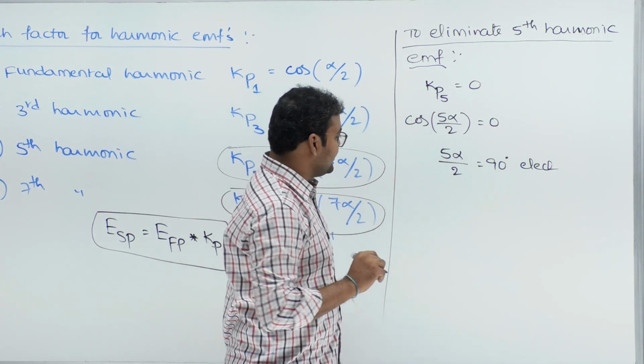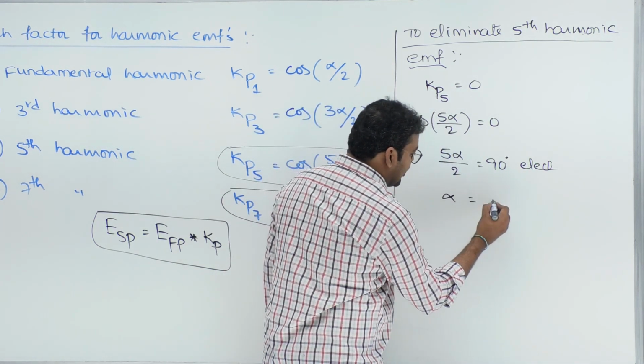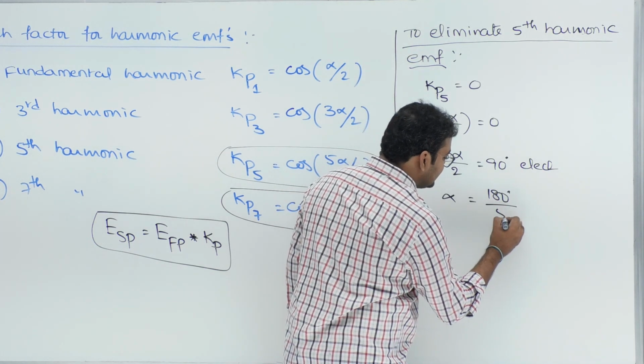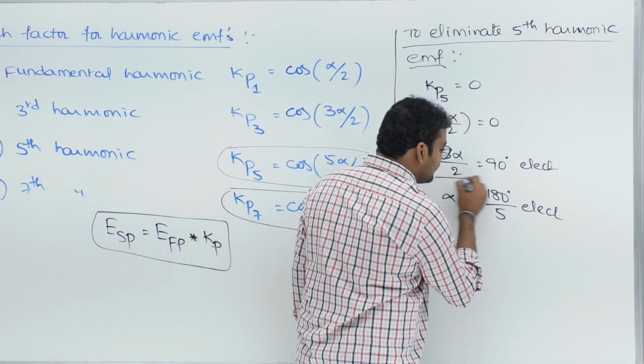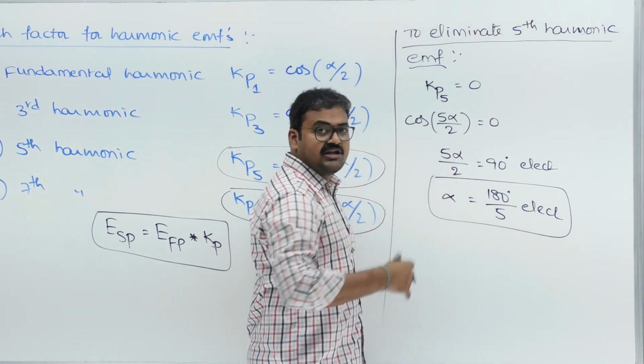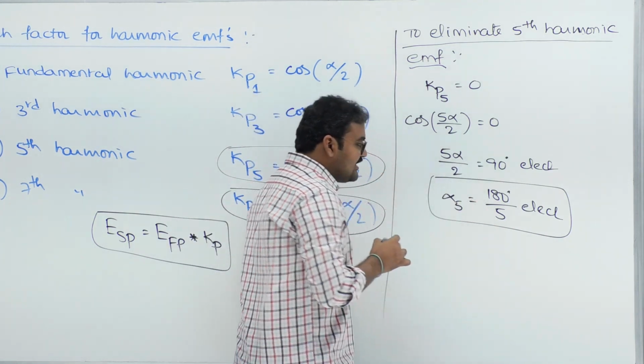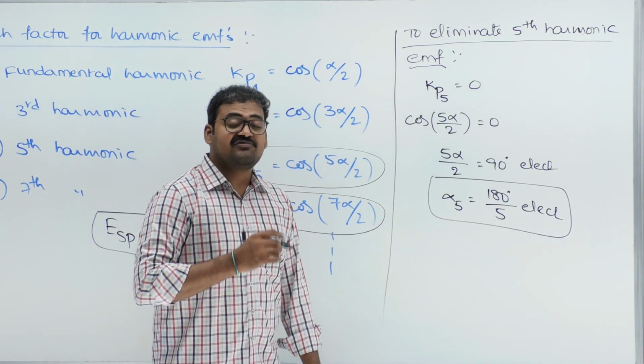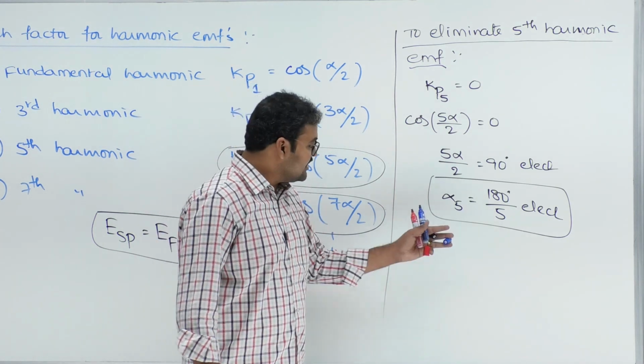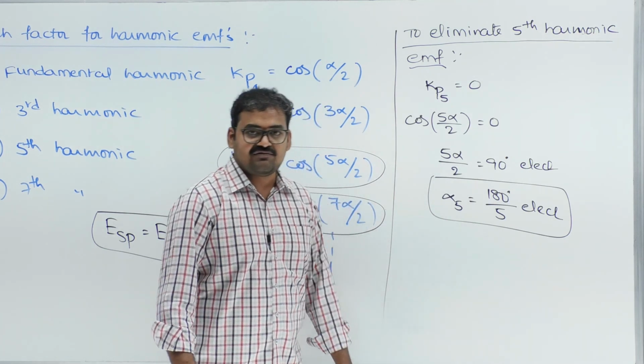Always the electrical angle we need to use. That means what is the short pitch angle required? 180 degrees by 5. Is it the same as what I proved graphically by drawing a waveform? So therefore, the short pitch angle required to eliminate the fifth harmonic EMF is equal to 180 degrees by 5.